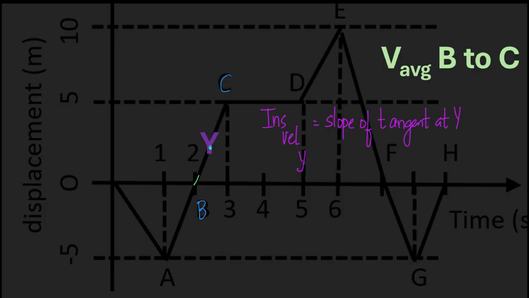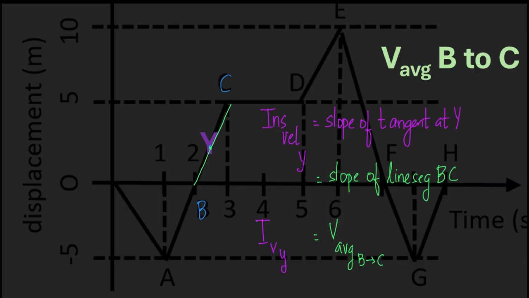How do we drop a tangent at y? It just goes like a line segment like this, which is BC, which is equal to the slope of tangent, my bad, which is equal to slope of the line segment BC. And what is slope of line segment BC? Exactly, it is the average velocity from B to C, which is equal to the instantaneous velocity at y.